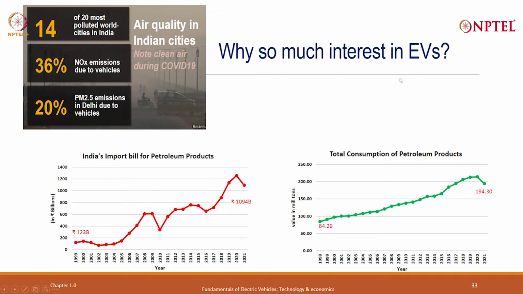The first reason is that 14 of the 20 most polluted cities in the world are in India. We had such a relief when there was COVID, at least in terms of pollution. But we have opened up, the pollution is back there, and it is increasing day by day. 36% of NOx, which is extremely harmful, is due to vehicles, and 20% of PM 2.5 emissions in Delhi are due to vehicles.